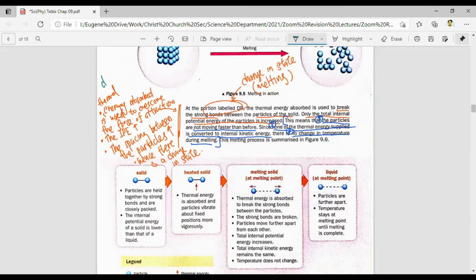So this one is the description of change in state, what to write. These 3 points over here are to explain why temperature doesn't change during a change in state.